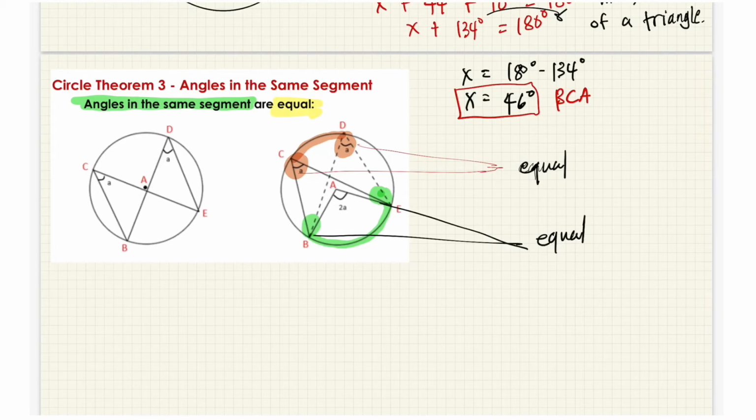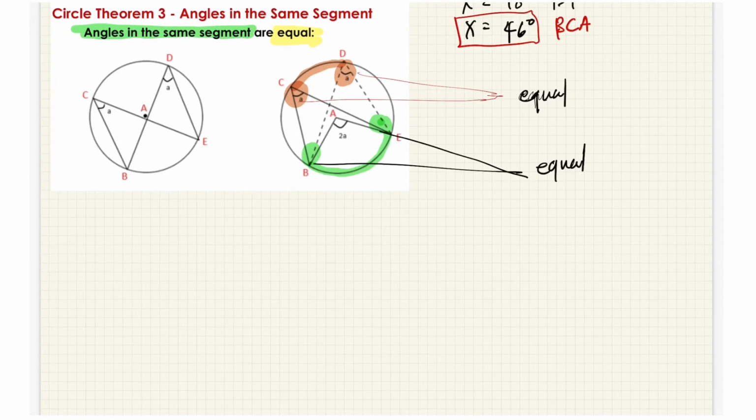Okay, let's have an example. Let's do a circle here.